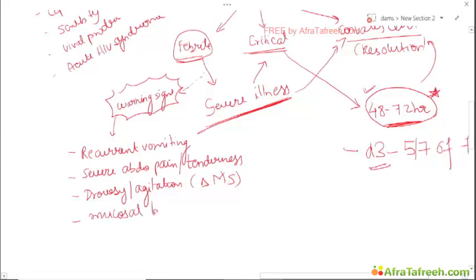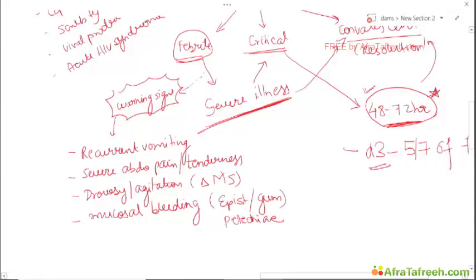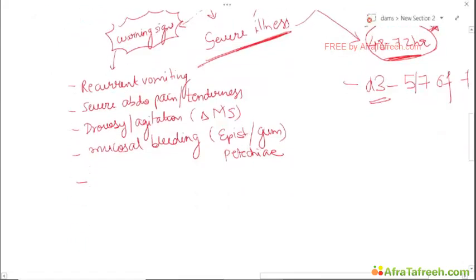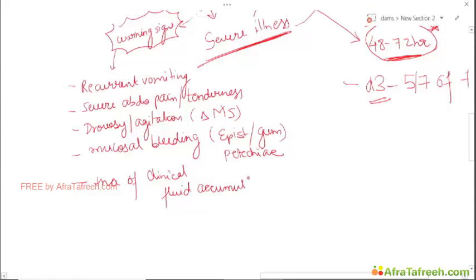presence of a mucosal bleed like epistaxis or gum bleed or petechia for that matter, right? Presence of clinical fluid accumulation in the form of pleural fluid, ascites, etc. Right?